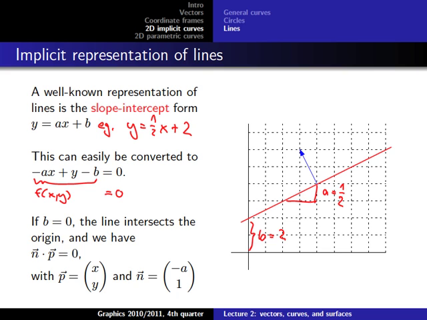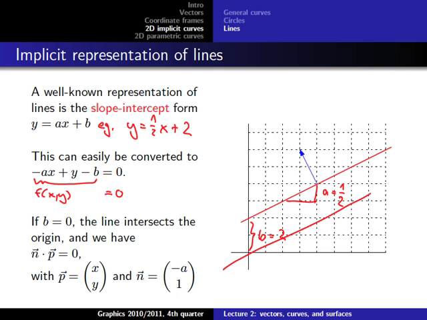Good. Now, if this line intersects with the origin, then of course this factor b is 0, because we just have a slope of the line. And then we can also write this in terms of vectors, in terms of the vector n and the vector p.